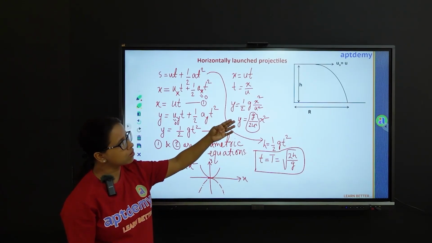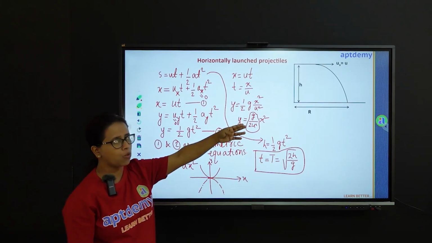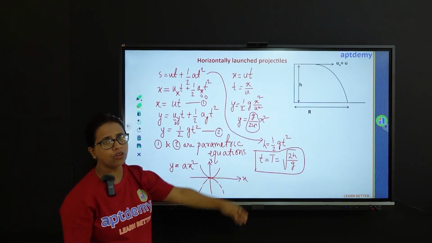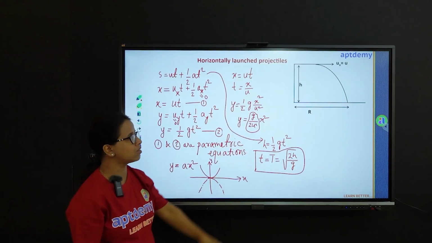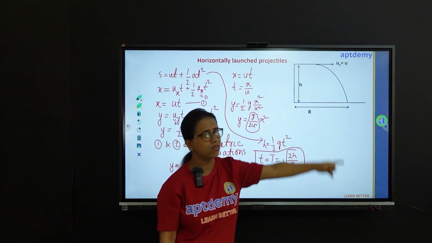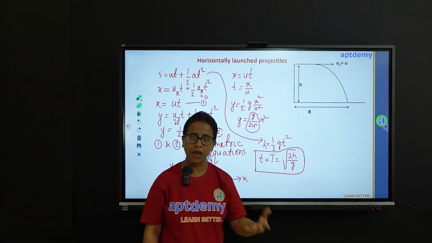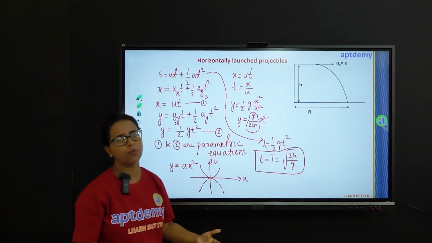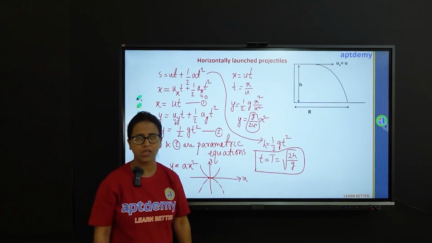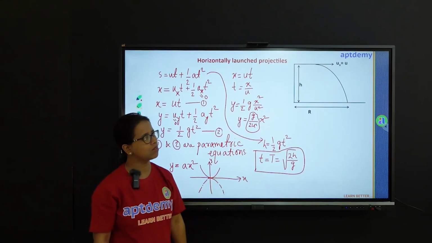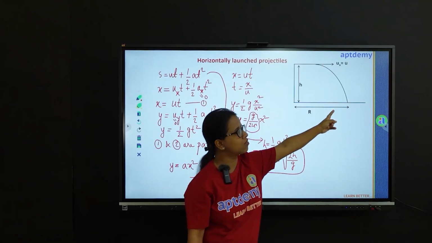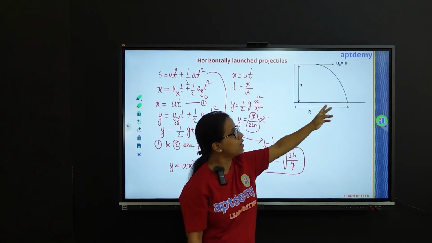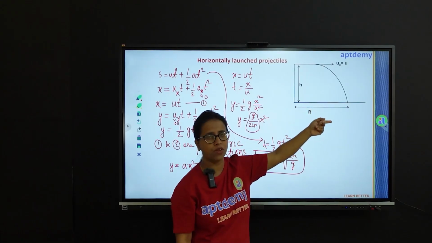Now, you must have noticed that before striking the ground, the projectile has already travelled a certain horizontal distance. This horizontal distance is x, or it is better called the range of the projectile. Range is basically the horizontal distance covered by a horizontal projectile in hitting the ground from the foot of the tower.